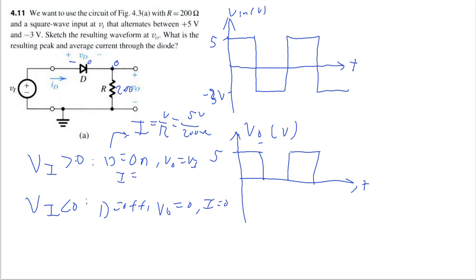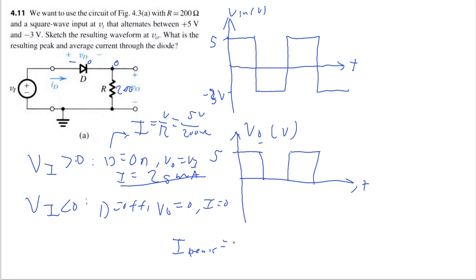Let me get my calculator. So that is 5 volts divided by 200 ohms, and that is 25 milliamps. So that would be the peak.